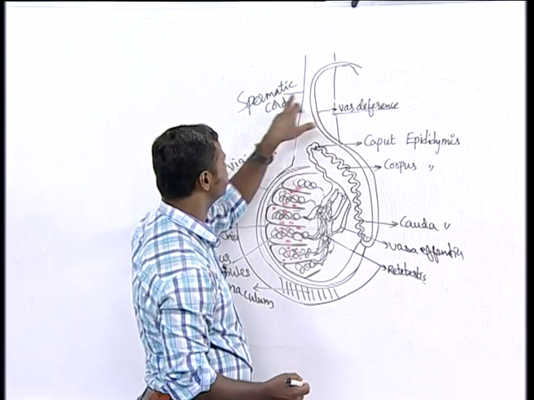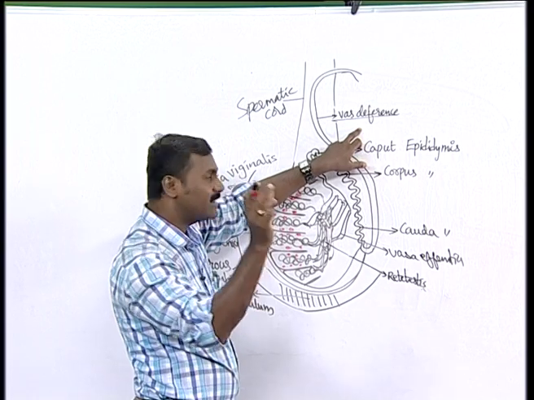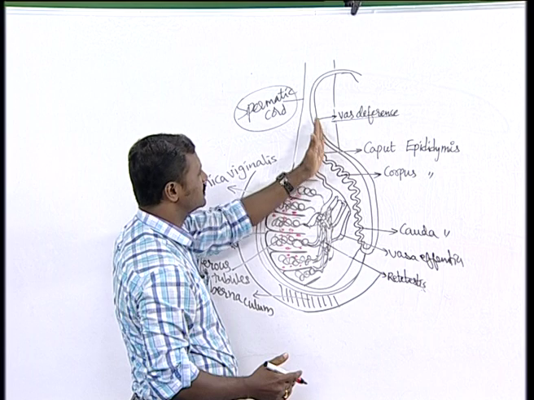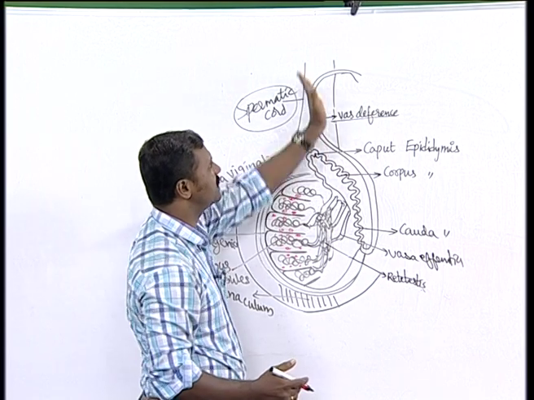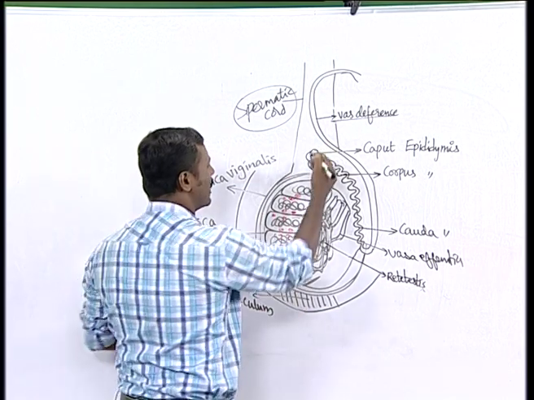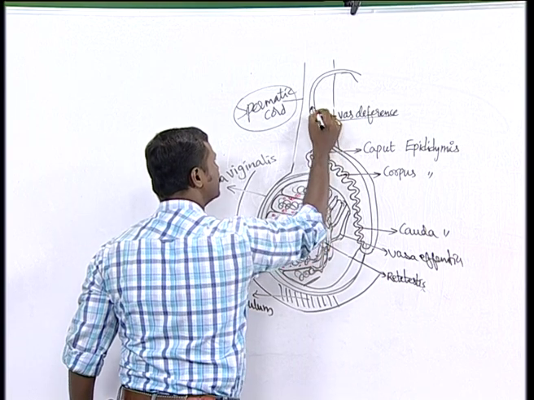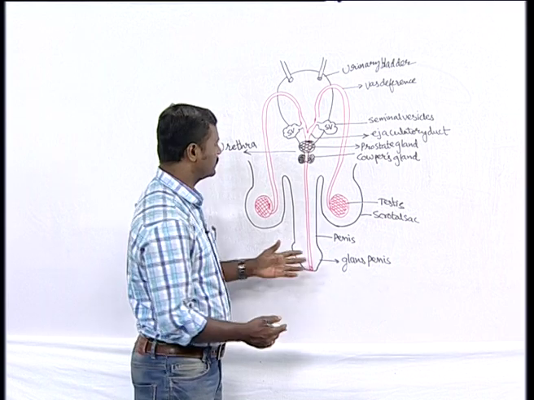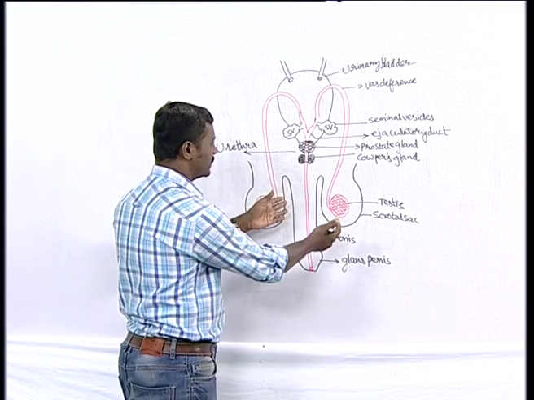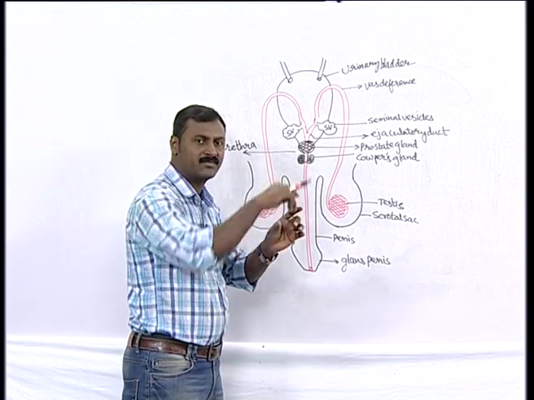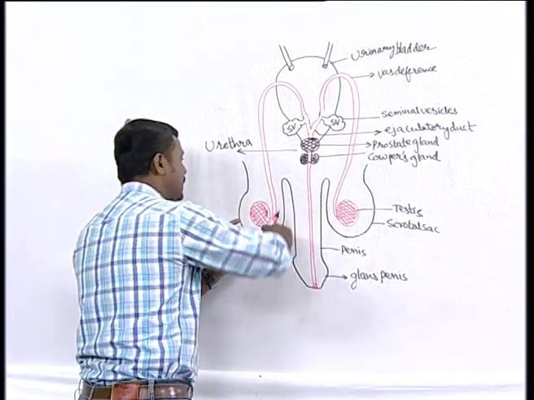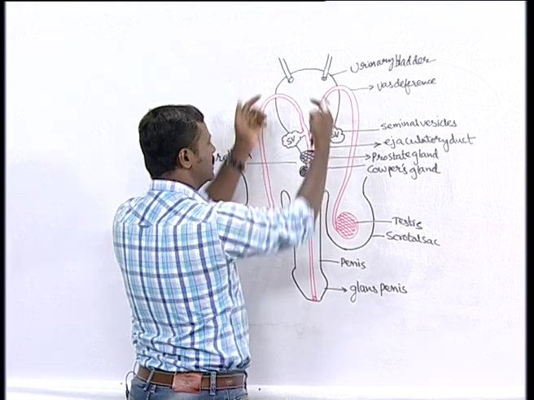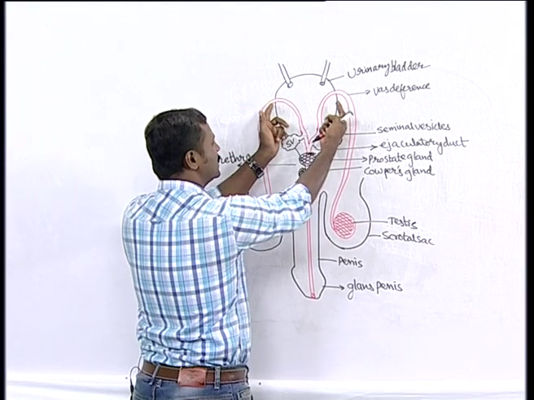Nerves, blood vessels, vas deferens and connective tissue together are called the spermatic cord, because through that there is a connection towards the abdomen. The vas deferens passes towards the abdomen, and where it is going to open, let us see now. The vasa efferentia you observed together formed the epididymis, which continued as the vas deferens, moving towards the abdomen.